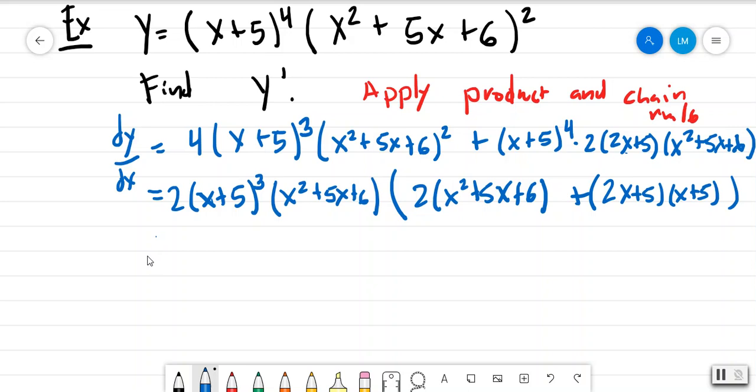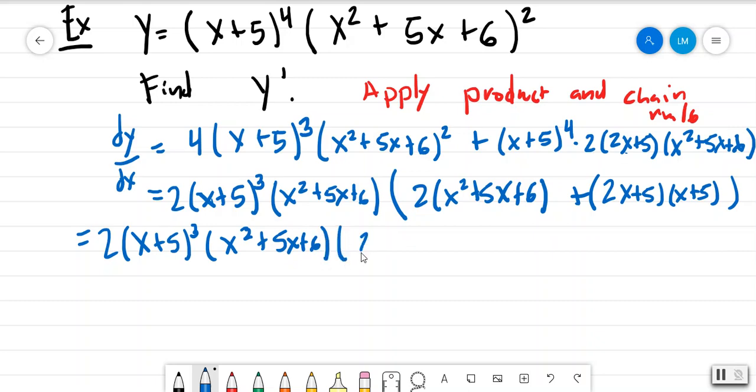Okay, so unfortunately we have to reduce this as best as possible. So that's going to be 2 times x plus 5 raised to the third power multiplied by x squared plus 5x plus 6, and then multiplied by 2x squared plus 10x plus 12 plus 2x squared plus 15x and then plus 25.